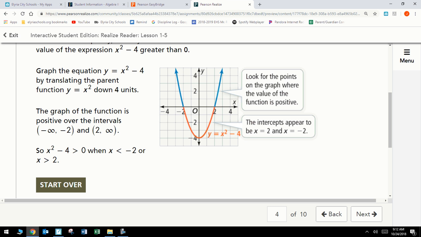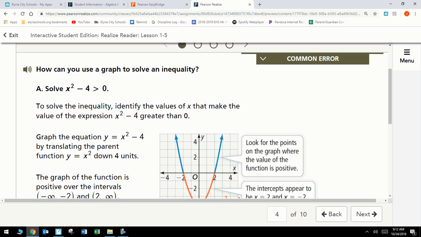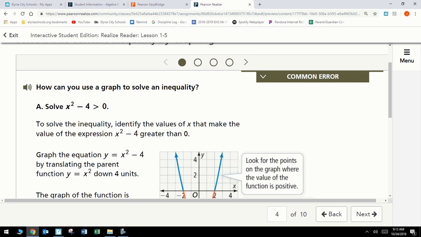When you're solving an inequality, it's asking for a range, because if it was asking where x squared minus 4 equals 0, you'd get one answer, or two in this case. But with an inequality, you get a broad range of answers because one graph is bigger than the other.